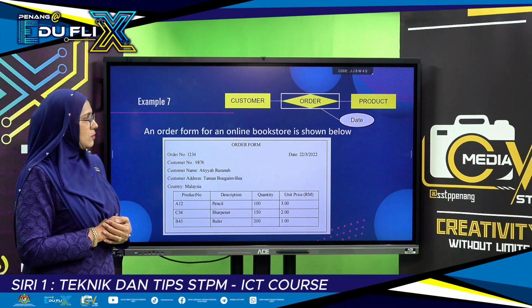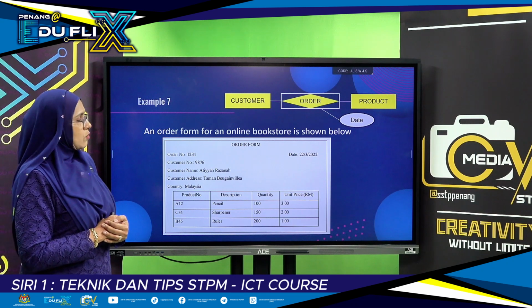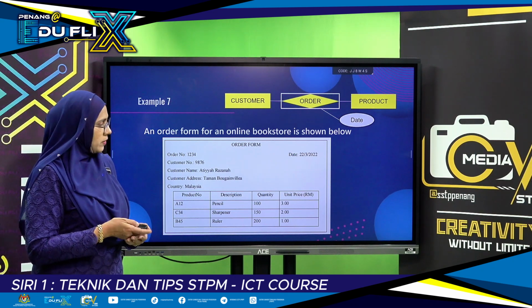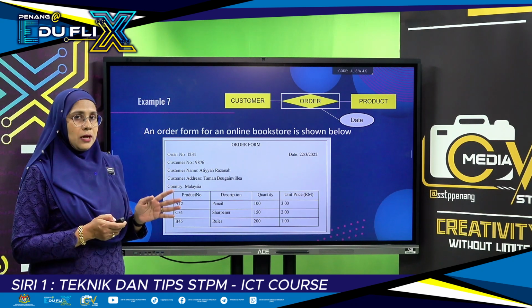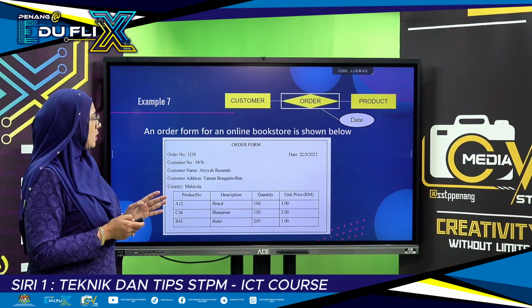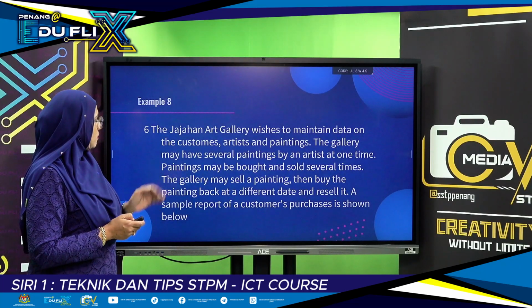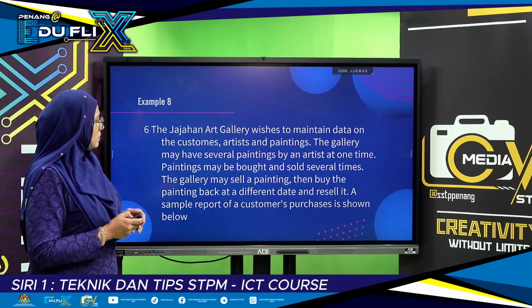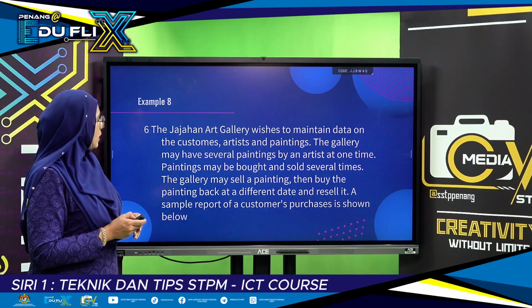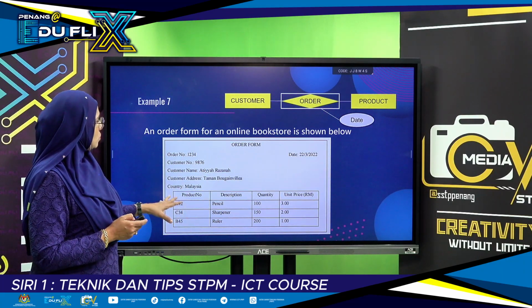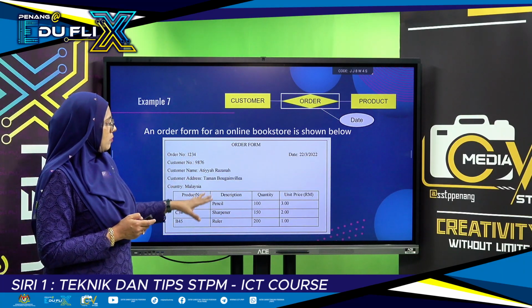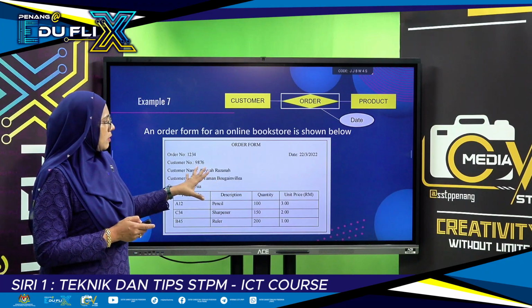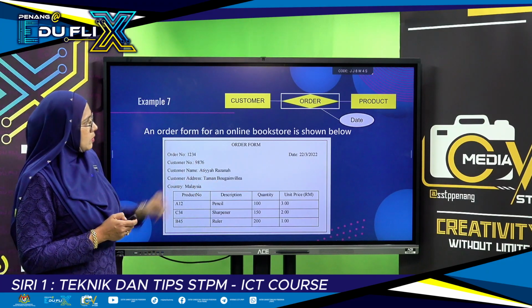So this is how we draw the ER diagram if given. But the question didn't ask for an ER diagram, they asked for normalization. This is just to show how we can draw an ER diagram from this form.